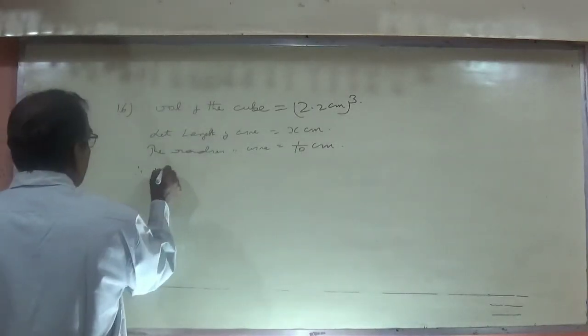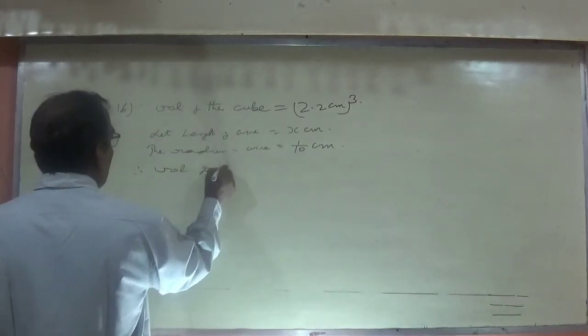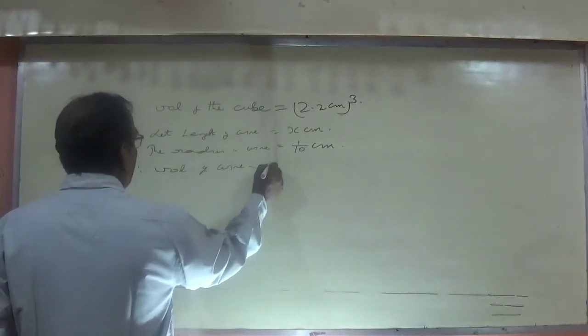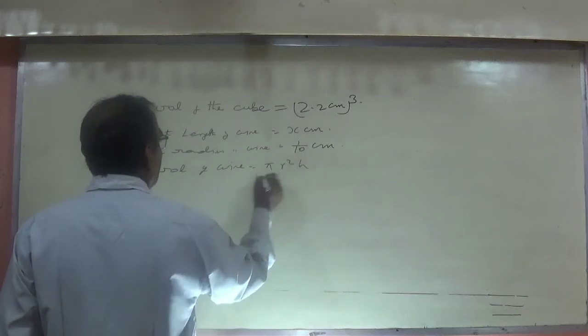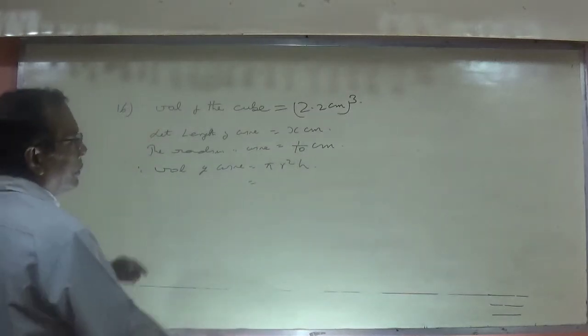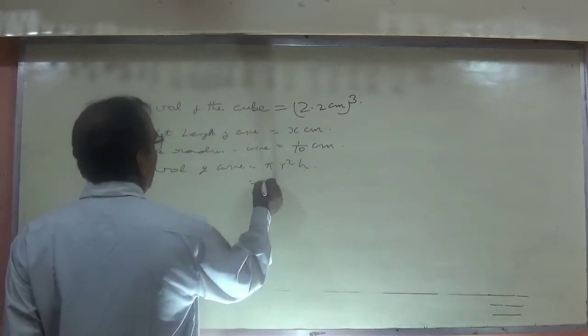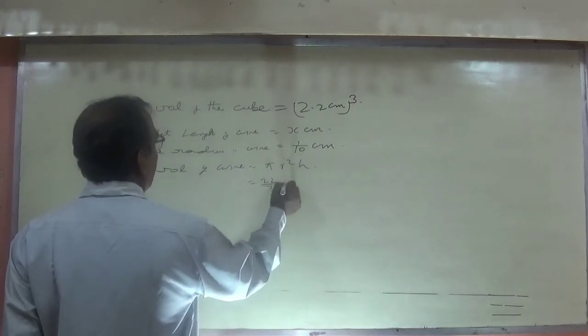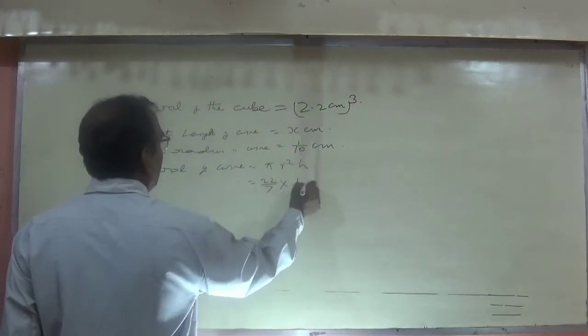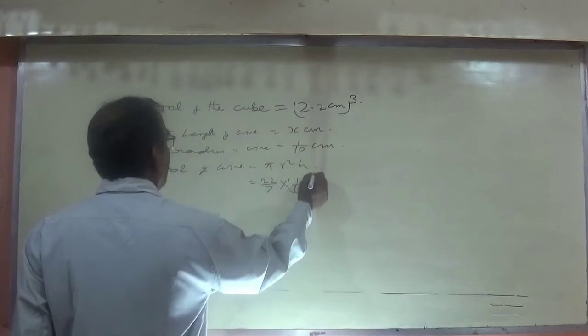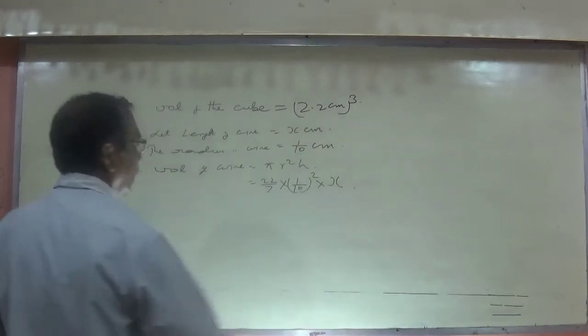So the volume of the wire is equal to pi r square h, where pi is 22 by 7, radius is 1 by 10 square, into h, which is x, the length.